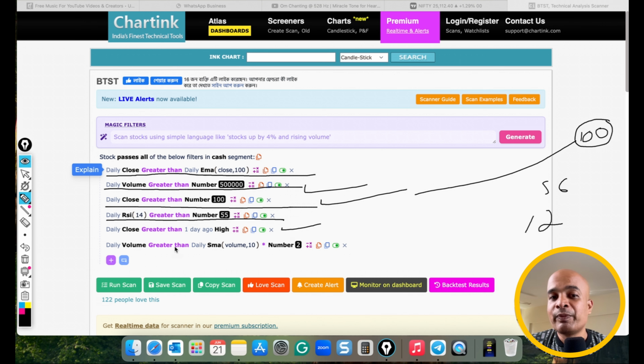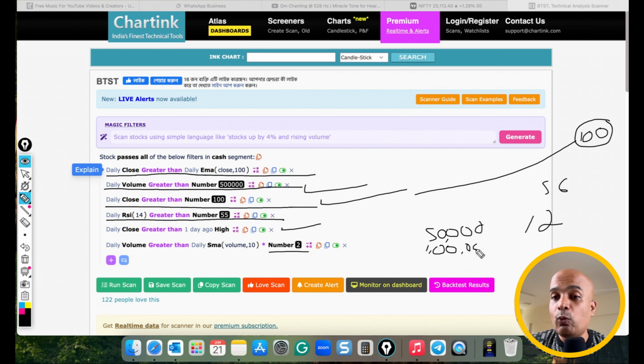Daily volume greater than the average of the last 10-day volume into twice, which means suppose the average volume of the last 10 days is, for example, let's say 50,000. So what they are doing is multiplying by two, which means they are shortlisting, for example, 1 lakh.